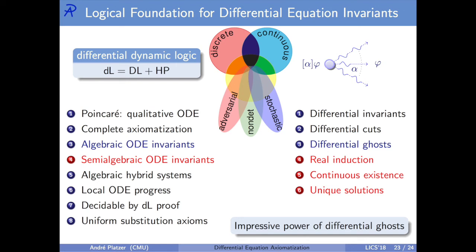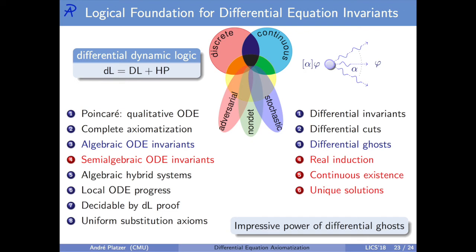For free, you get other stuff out of that, which I haven't had time to tell you. For example, that you can decide algebraic invariance of differential equations, but also algebraic invariance of algebraic hybrid systems. So if you have an entire hybrid system around it, you can also fill in the blanks of the proof, and it will tell you yes, if and only if the question was actually true for the hybrid system around it.